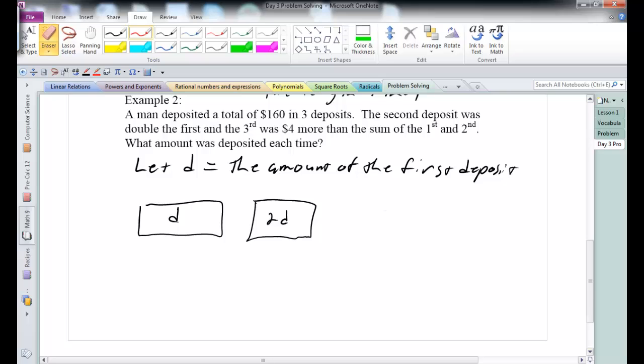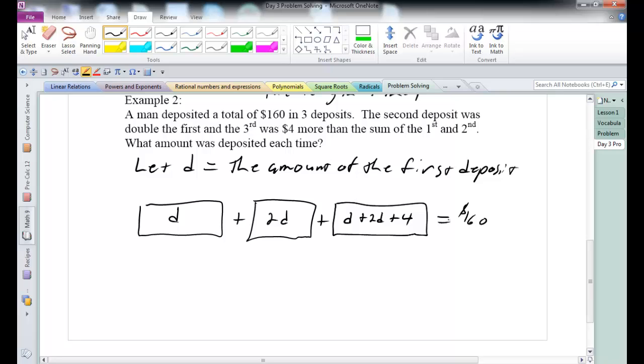I have to make this one a little bit bigger. $4 more than the sum of the first and the second would be D plus 2D plus $4. And then the total of these was 160. So we'll add them together to get the total, and that would be $160.